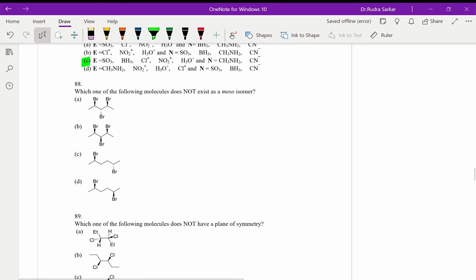Question number 88 is which of the molecules does not exist as a meso isomer? So basically we have to look for the plane of symmetry.